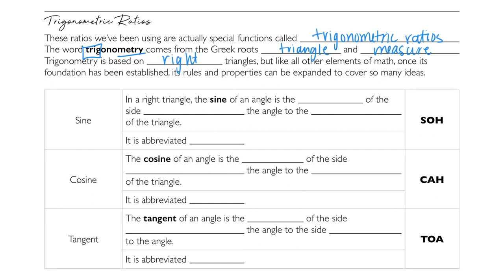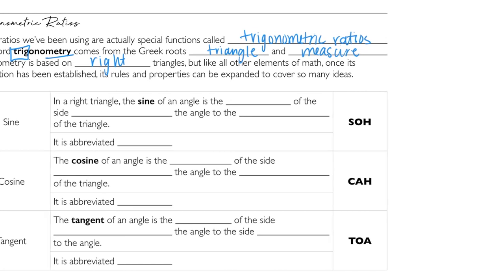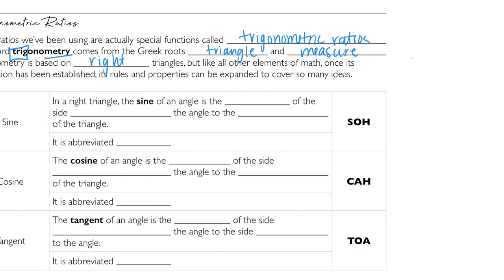So before we fill in this chart, a little comment about right triangles. A right triangle has a right angle, or a 90-degree angle. The side that is across from that 90-degree angle, the side that doesn't touch the corner itself, is called the hypotenuse.